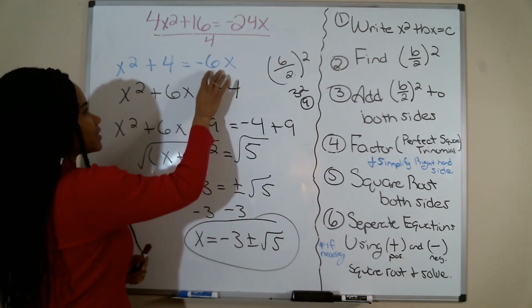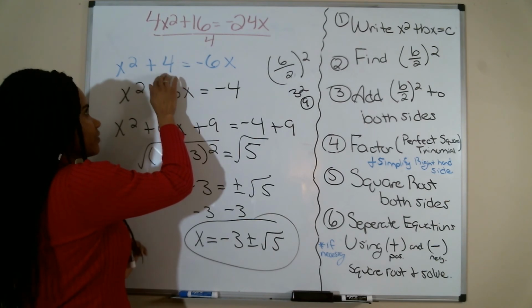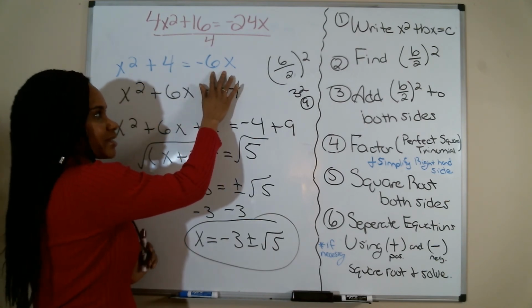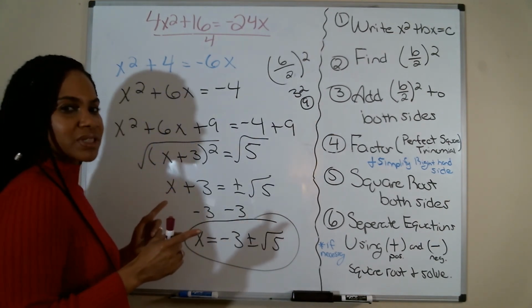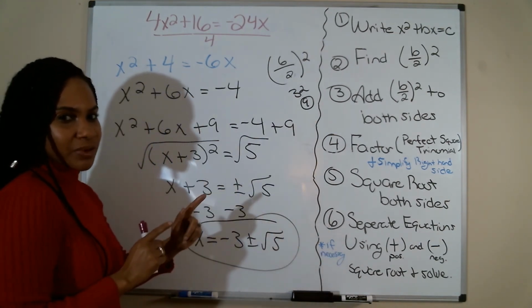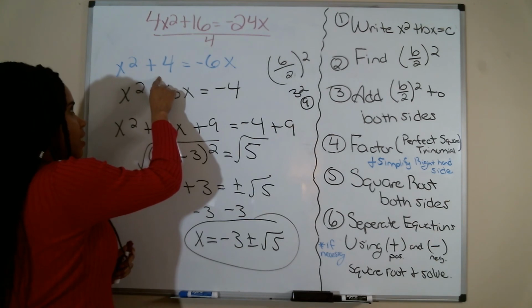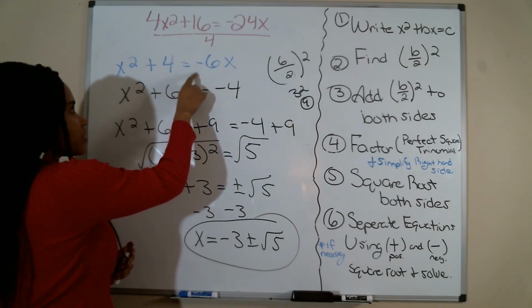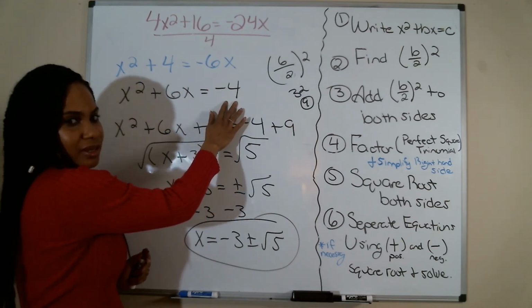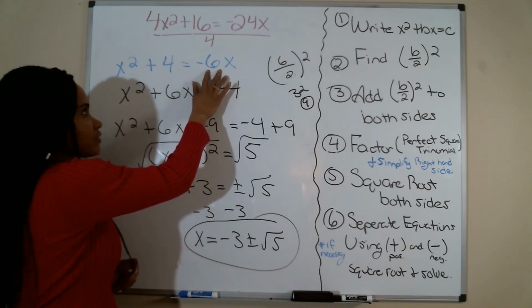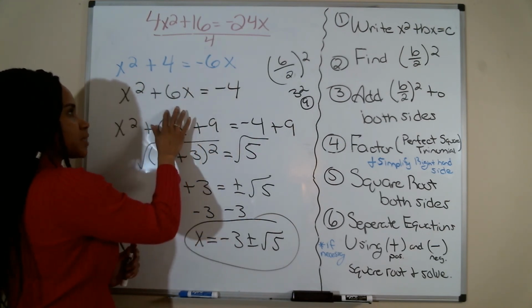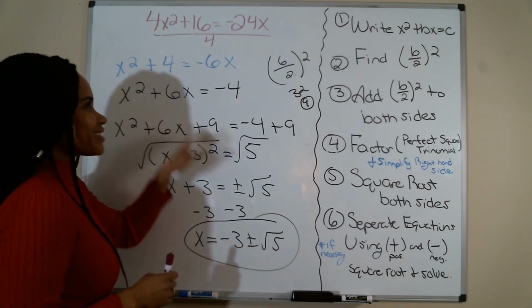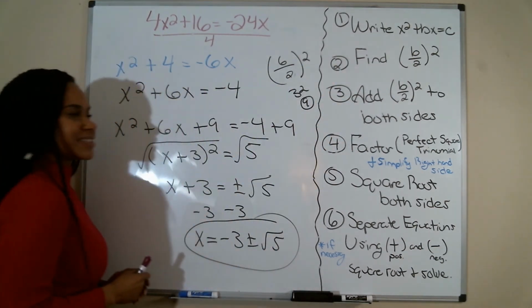My c is on the left hand side, but my b is on the right hand side. So I have to flip them. Remember, when you move anything across the equal sign, you're going to use inverse operations. So since this is a positive 4, when I move it to the other side, I subtract. That becomes a -4. Since this was a -6x, when I move it to the other side, I add it. So that becomes a positive 6x. So now we are at step 1.